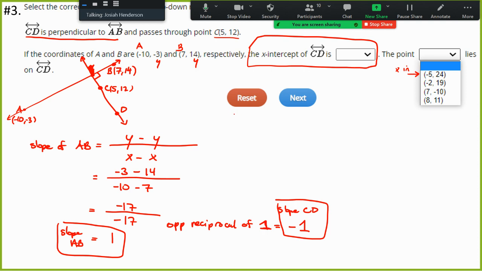And now to write the equation, we're going to use our generic formula, y equals mx plus b. That's the formula for all straight lines. So now we're going to plug in our slope. And they are supplying us with a point on CD from earlier, 5, 12. So that's our x and y we'll use. We're doing this so we can find b, the y-intercept of CD.